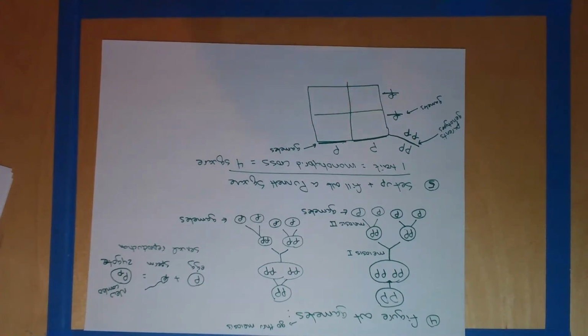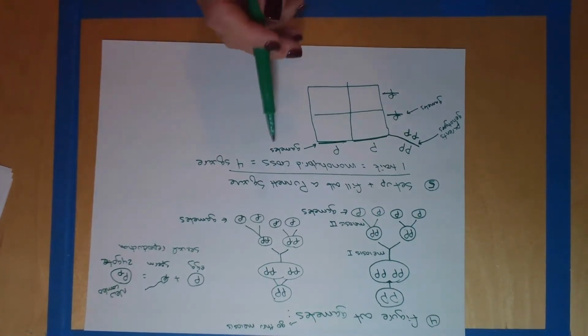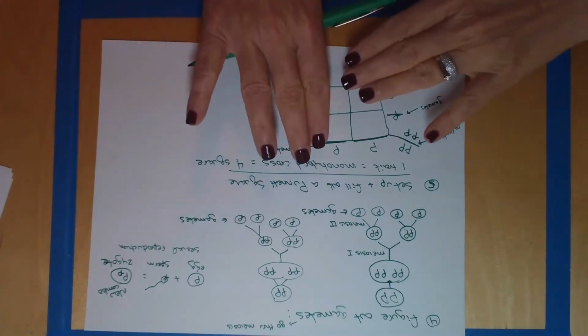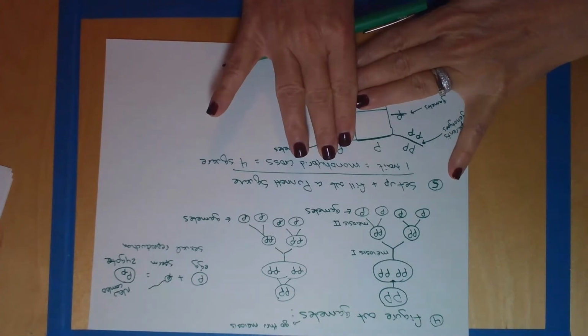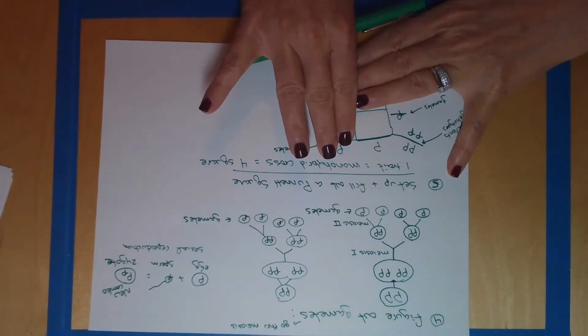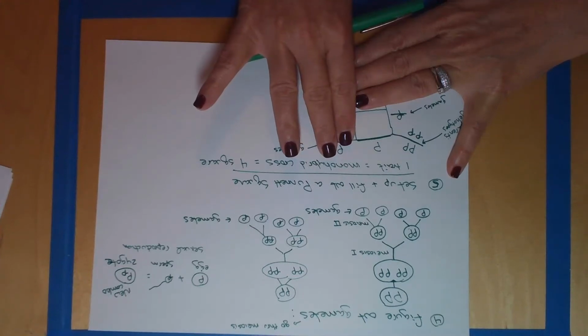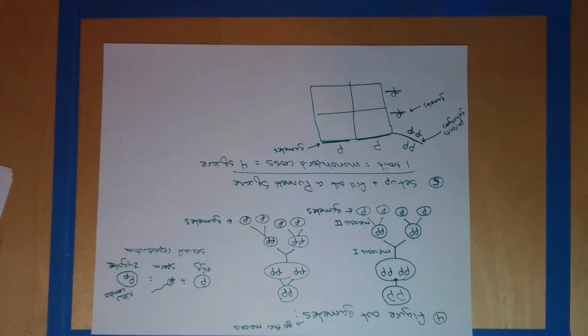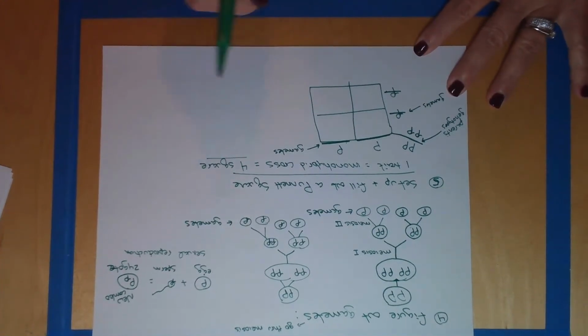Now, in some crosses, you may only have 1 possible type of gamete, and this cross is actually one of those. So some people say, oh, I could just take a shortcut and call this my Punnett square. You could, but then you might get into the habit of only making it a 1-square Punnett square. And when it comes time to have a 4-square or a 16-square Punnett square, you kind of forget. All right. So keep it simple. Always start off with a 4-square. For monohybrid problems, always draw a 4-square Punnett square.